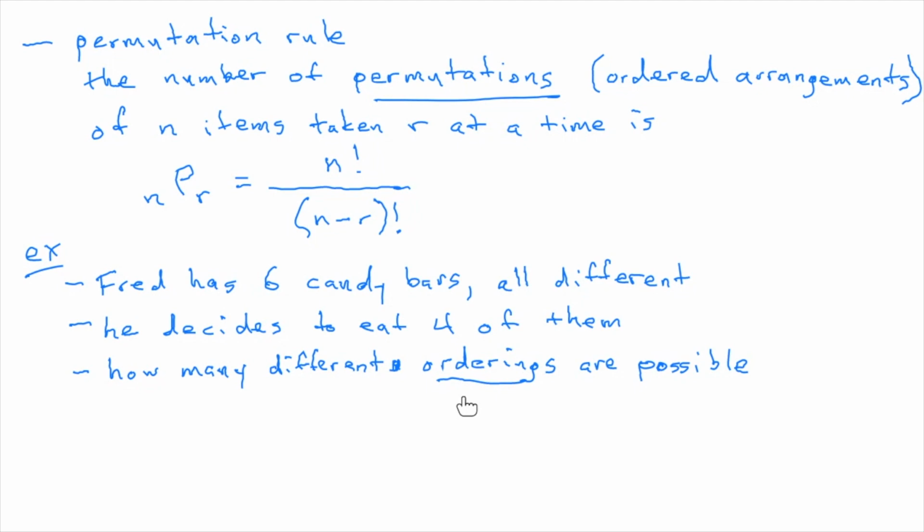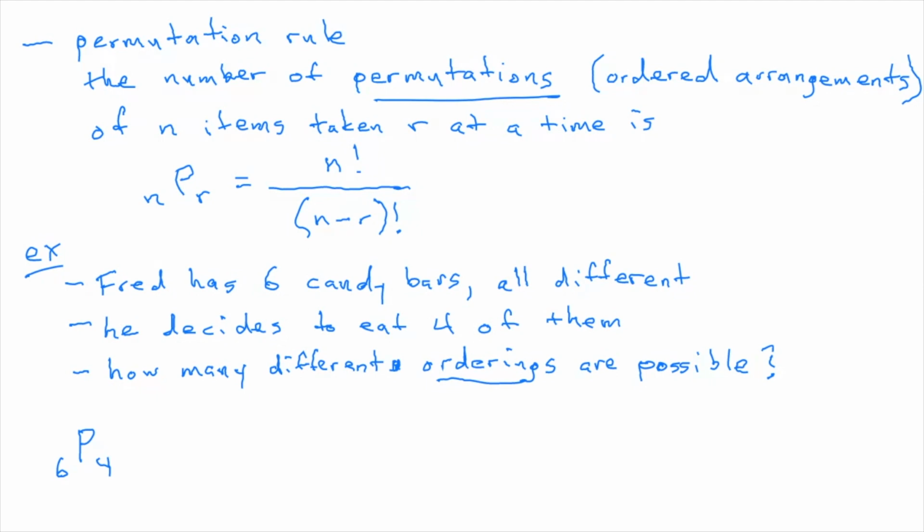So if order matters to you, then you are doing a permutation. And in a few minutes, we will have a different thing, and it will be when order doesn't matter, and it'll have a slightly different formula. But for now, we're doing permutations of n items, 6 candy bars, taken 4 at a time. So that's our formula. You say 6P4.